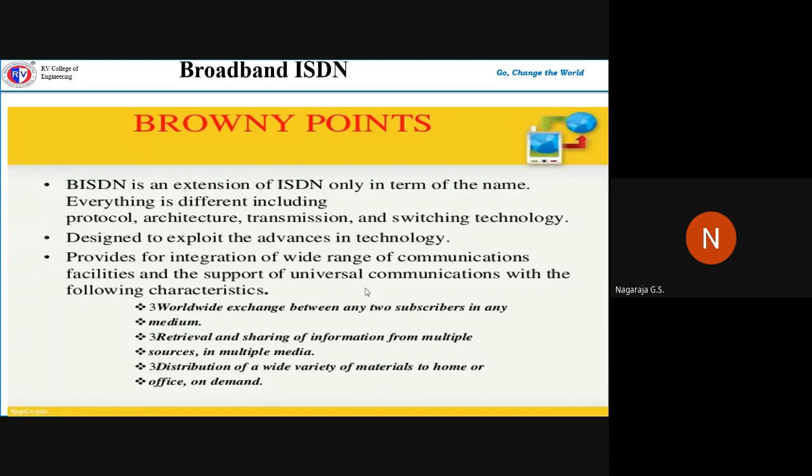These technologies are designed to exploit the advances in technology. It provides for integration of a wide range of communications facilities and the support of universal communications with the following characteristics, which include worldwide exchange between any two subscribers in any medium, retrieval and sharing of information from multiple sources in multiple media, and distribution of a wide variety of materials to home or office on demand.